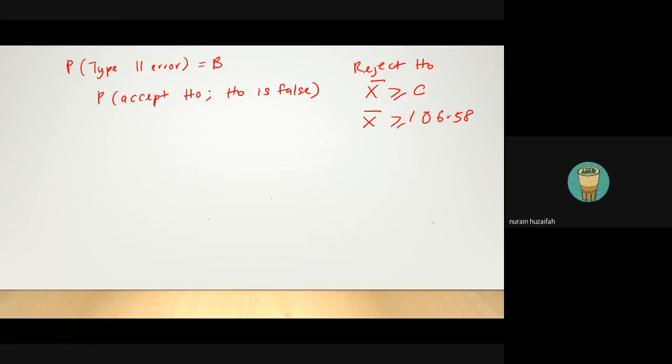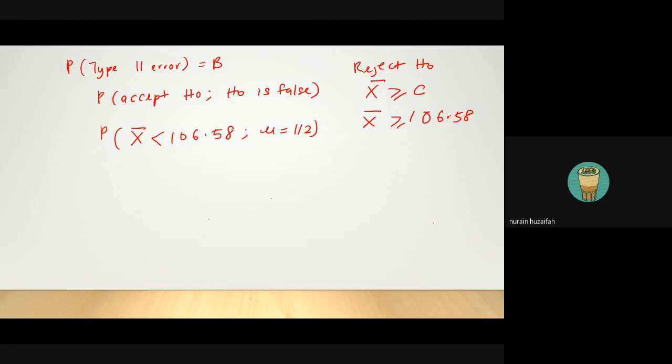Okay. Now probability of type 2 error, accept H0, your C prime now, probability X bar less than 106.58. Okay, given your H0 is false, you want to test at mu is 112.